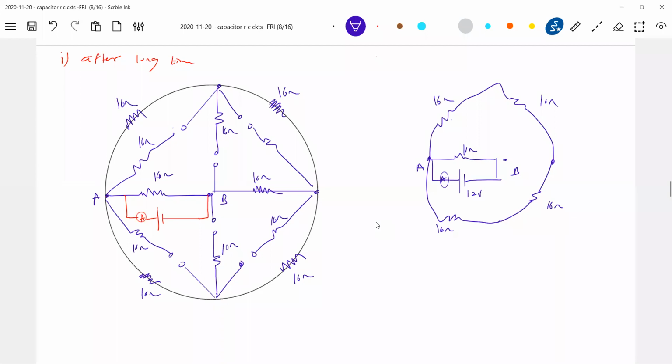So this part of the ring, will there be any flow of current here? Anybody wants to answer? Will there be any flow of current in this part?